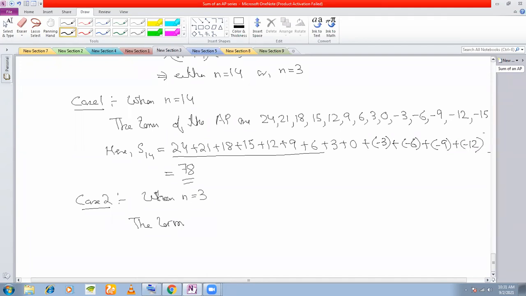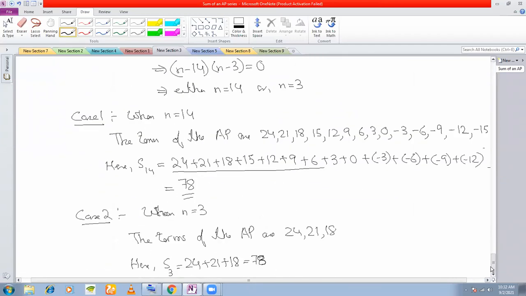So when n is equal to 3, the terms of the AP are 24, 21, and 18. So here you can see that S3 is also equal to 73, 78, right? 73 or 78? 78, 24, 21, and 18.